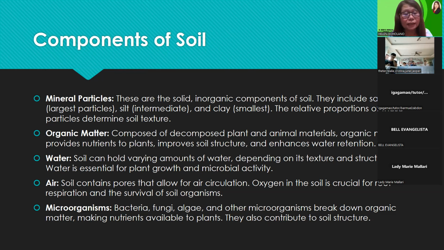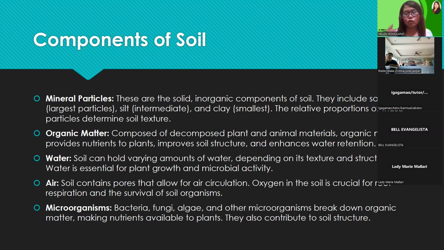Then organic matter, composed of decomposed plant and animal materials. So I think you have tried this, as an agriculturist, that you bring carabao manure, cow manure, and put it on your plants.